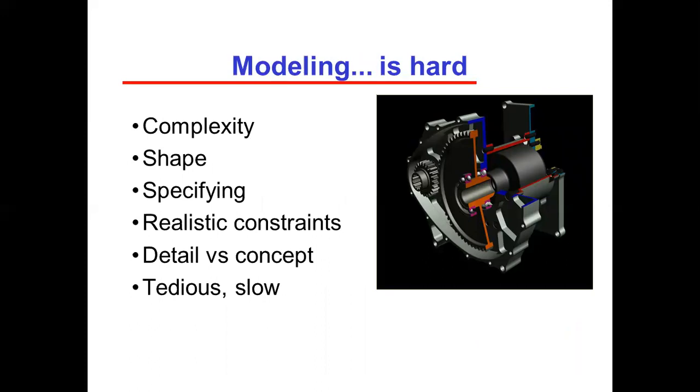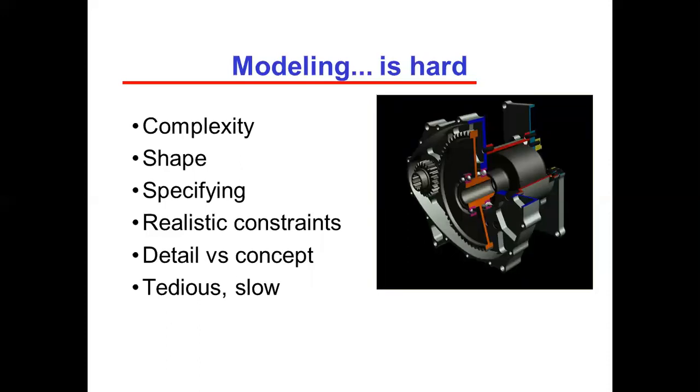Now you can see this model. This is again a model, but it is very difficult to implement such a model. It is a part of a machine. It is very complex. You can see the shape. So why are we saying it is very hard?